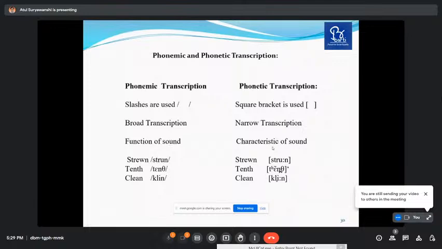I am trying to show you examples of it: stream, tanned, clean. Here between slant lines, this is phonemic transcription, and here in square brackets, this is phonetic transcription. So we should try to know this.